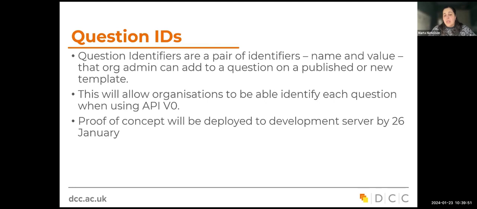So in the API v0, you can gather the answers and questions for each plan. What we're trying to implement is a pair of identifiers that will allow the universities to extract a specific answer or a specific question, and obviously its answer.